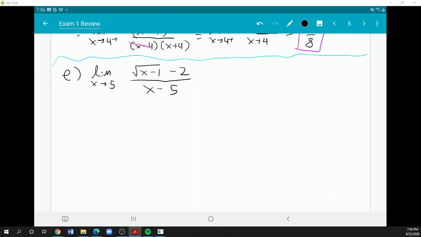So when you see limit and you see a square root, you should immediately be interested in multiplying by the conjugate. First, I'm going to try plugging in. If I do that, I get 5 minus 1 is 4. Square root of 4 is 2 minus 2 is 0. 5 minus 5 is 0. So indeterminate form again. Nothing to be said.